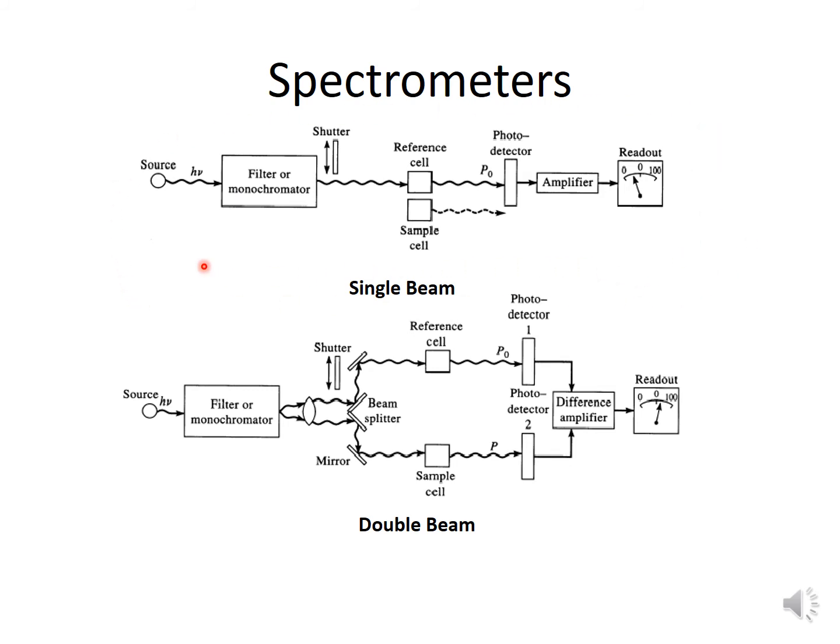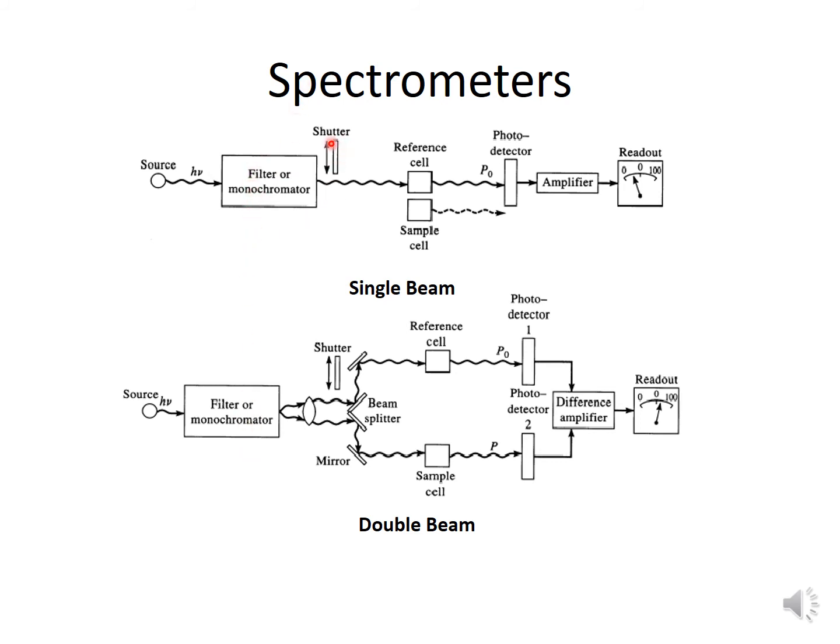For UV spectrophotometer, we have two types of spectrophotometer. We have single beam, this one, and we also have double beam, this one. The only difference is how they are set up to run the sample. For this one, still the same source. It will emit the photon and then pass through the filter or monochromator, the same.